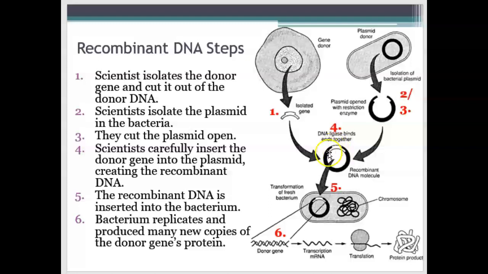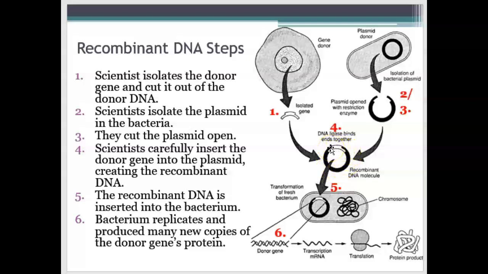So the ends should seal together, hopefully seamlessly. So this loop, this plasmid with the inserted DNA, that is recombinant DNA. So when I say recombinant DNA molecule, I mean the bacterial plasmid with the inserted foreign DNA.